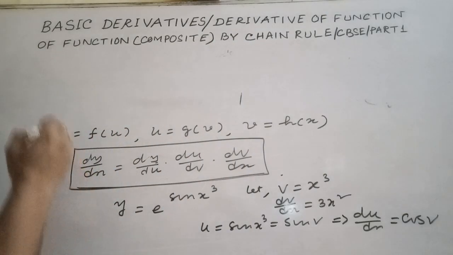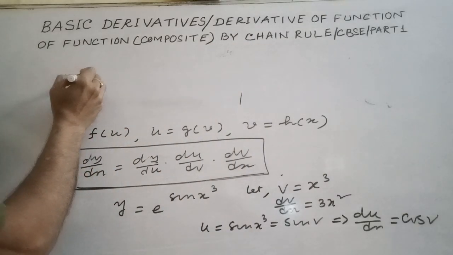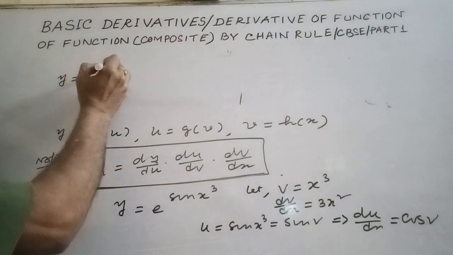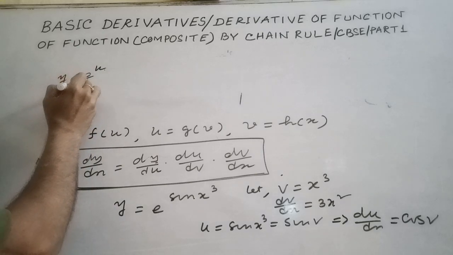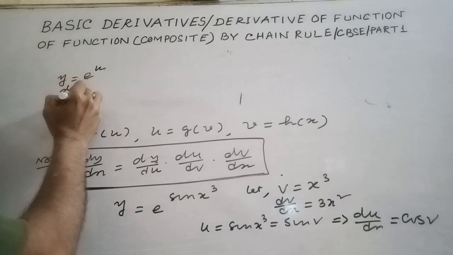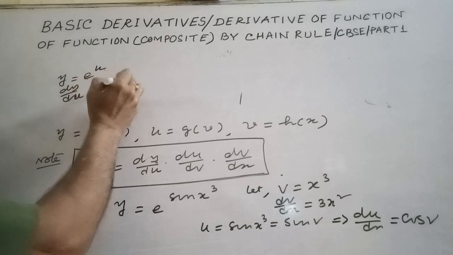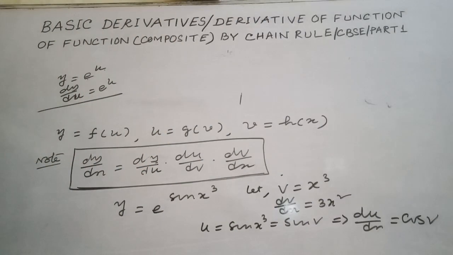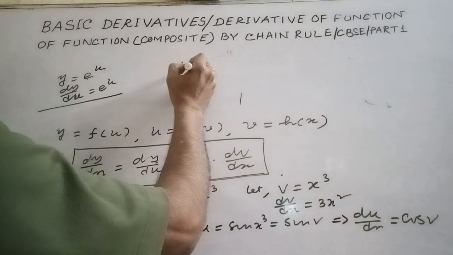Now, what is y? y equals e to the power sin x^3. This is u. So, this one is linear. So, what is dy/du? dy/du is e to the power u. Now, what is dy/dx?